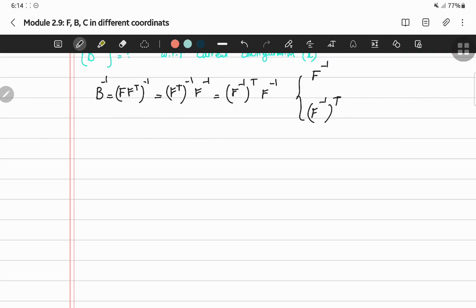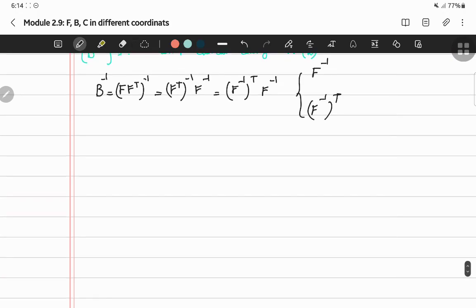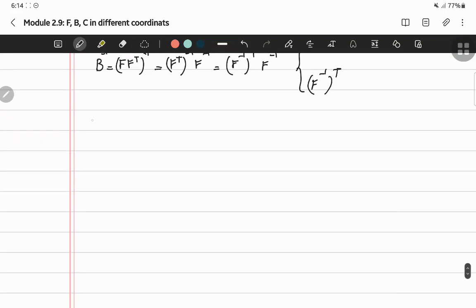All right, so let's first say that F inverse ij, if you remember, was partial derivative of capital Xi with respect to small xj.